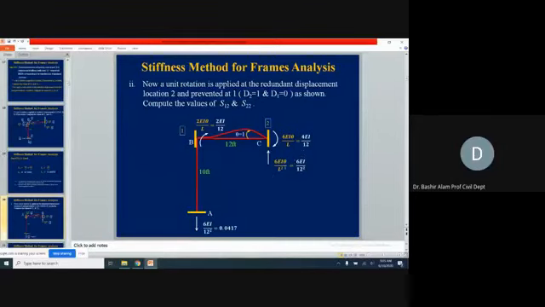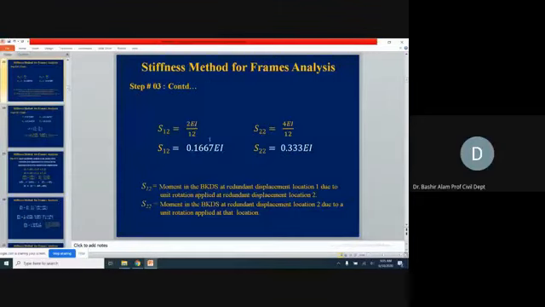Although we have other member end actions also here, if you see, but the corresponding one is this moment now, which is corresponding to D2, and it is in the same direction. So this is how we take its sign, and this is how we take its magnitude. So 4EI over 12 is our S22, and here you see them clearly.